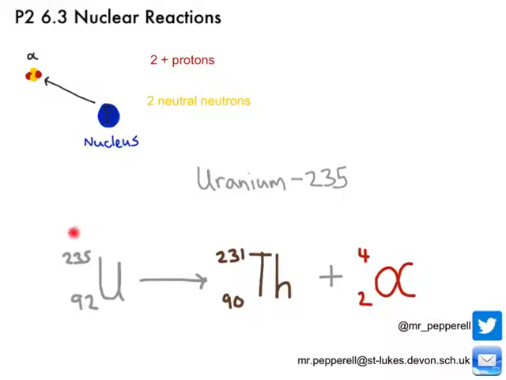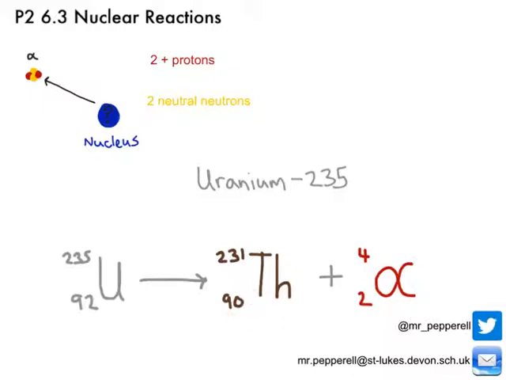We've got 235 here as our relative mass number, where the decay event has taken place, so we've got 231 there as the relative mass number of the new element that our uranium has decayed into. Well, where's that 4 gone? 4 is the relative mass of our alpha particle that we've lost. The atomic number of uranium was 92. Decay has taken place, and we've now got a new element with an atomic number of 90.